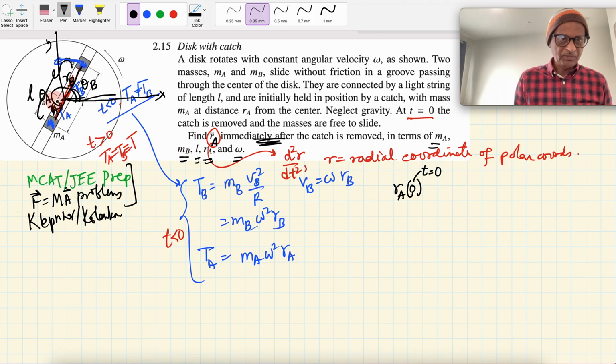So at t equal to 0 it was RA, this was just given.